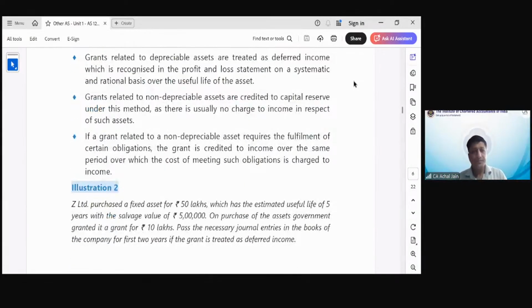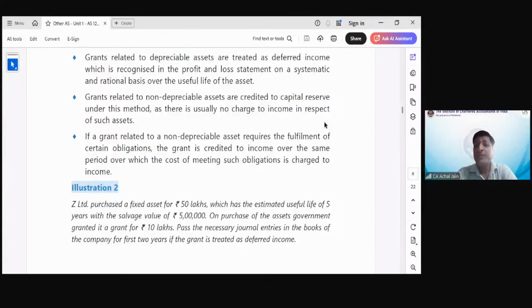Now, Z Limited purchased a fixed asset for 50 lakhs. It has an estimated useful life of 5 years. Salvage value is 5 lakhs. I think similar information is available.